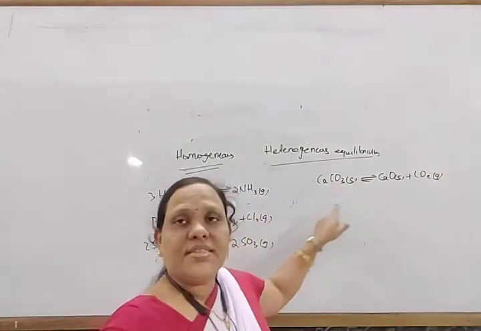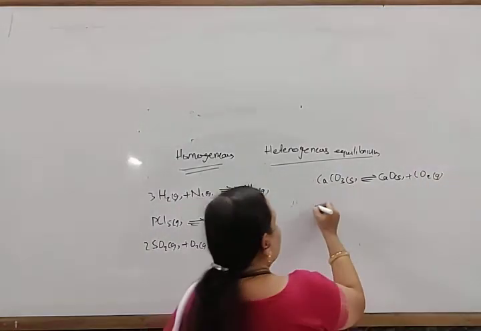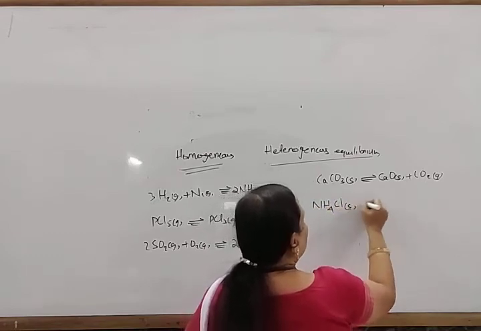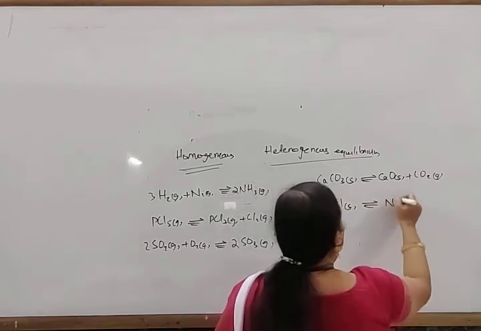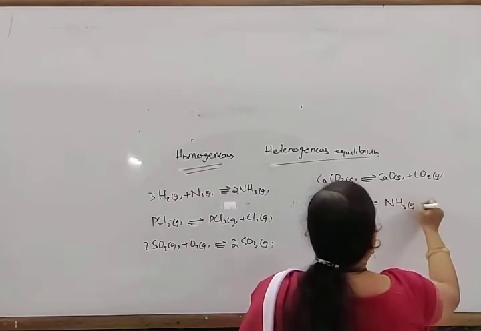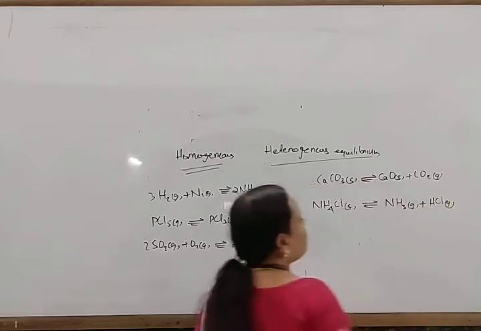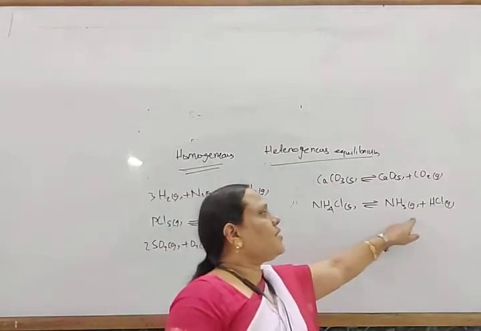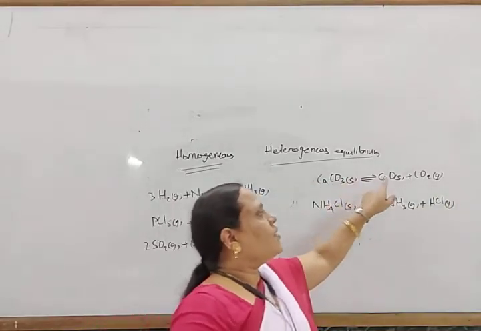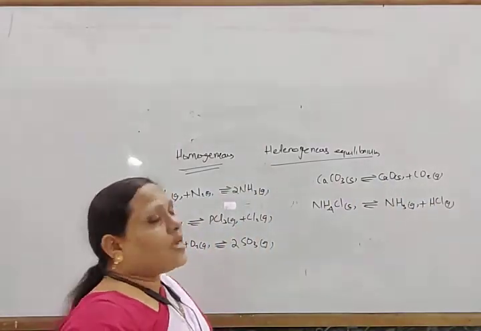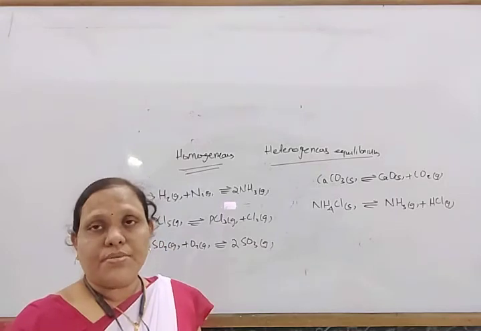All are not in the same phase. Similarly, ammonium chloride solid, when it is heated, gives rise to ammonia gas plus HCl gas. Here one is in solid state and these are in gaseous state. So these are known as your heterogeneous equilibrium.